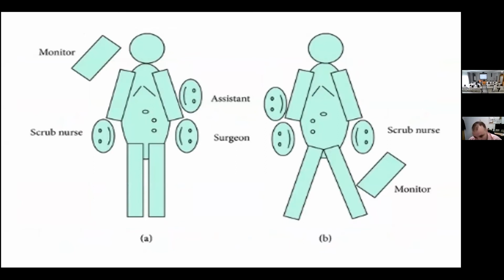But we're aiming to achieve at least 85 to 90% laparoscopic, or at least laparoscopic-assisted, cases. In image A, you can see our setting for a right hemicolectomy, and in image B, we're usually doing the left hemicolectomy or the sigmoidectomy.